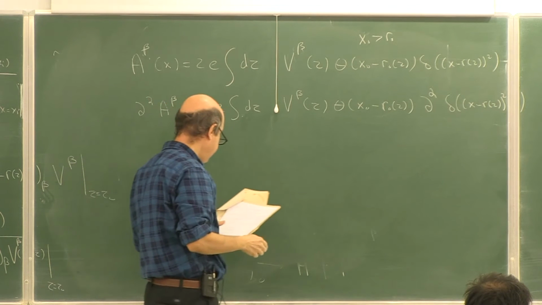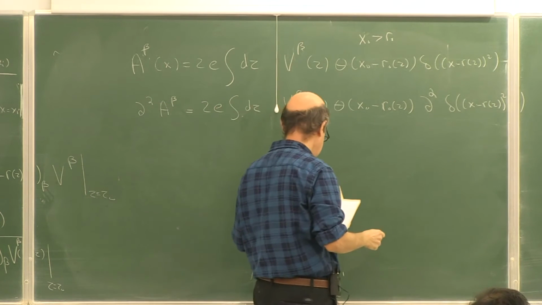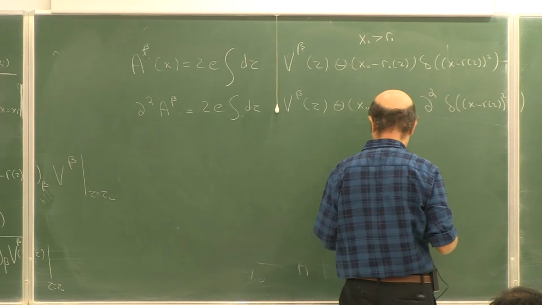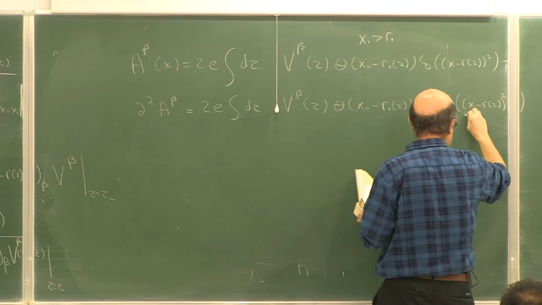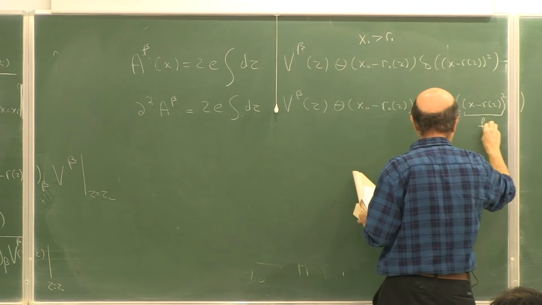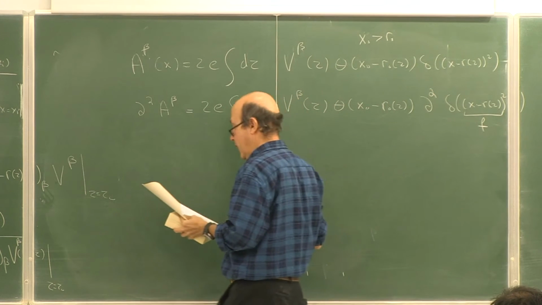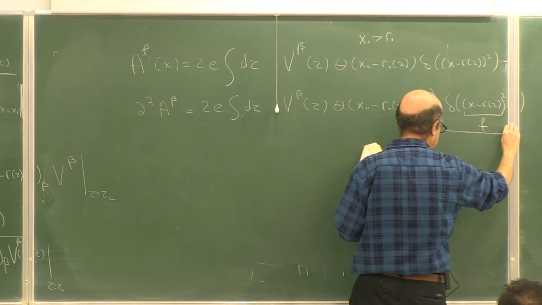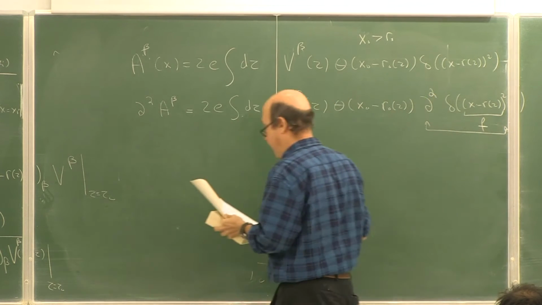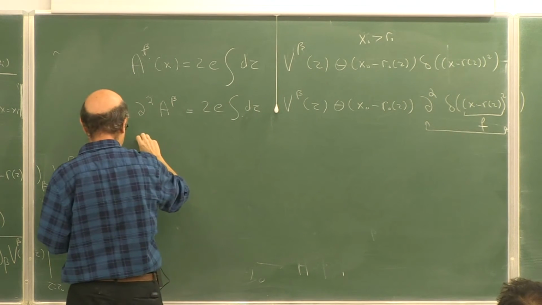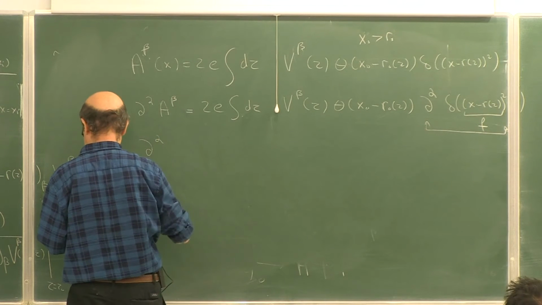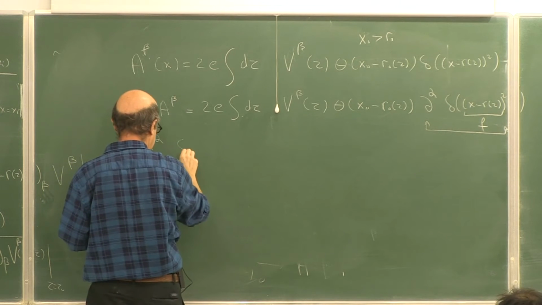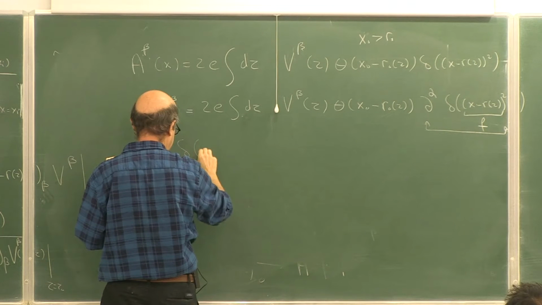So now let us call this argument f. Then we have as an overall factor del alpha of the delta function of f.